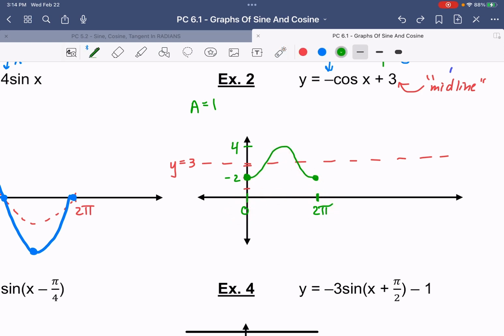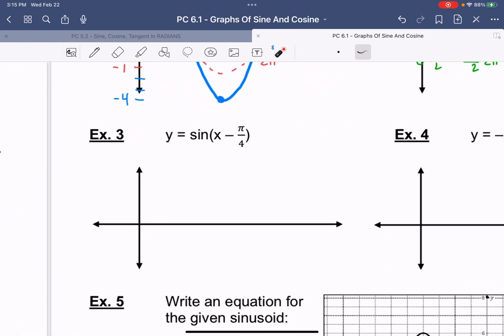It's not that difficult on this one. Midway between would be pi. This one, pi over 2 would be where it's hitting the midline, right? And then this would be 3 pi over 2 and 2 pi. So you do have 5 key points there. All we care about typically is the starting point and the ending point. Sometimes those middle points are kind of a pain to find. Okay. All right, let's look at another one.